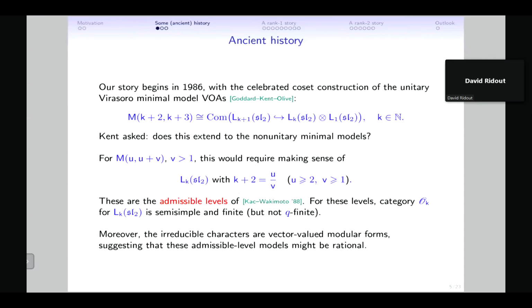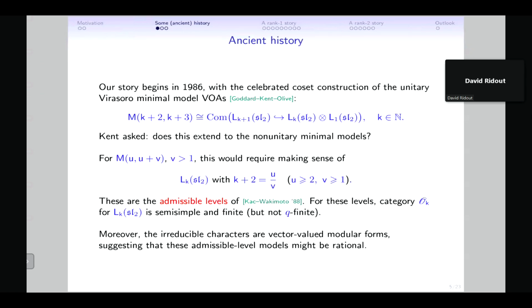And I want to start with some ancient history. So many people will remember the good old days when VOAs were called VFD. Back in 1986, Goddard, Kent and Olive published a new construction of the Virasoro minimal models. And this was essentially the completion of the proof of unitarity for certain Virasoro minimal models.